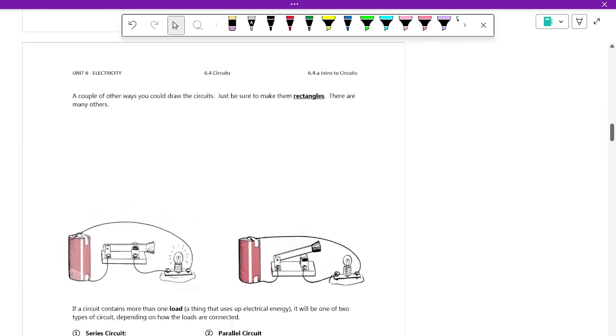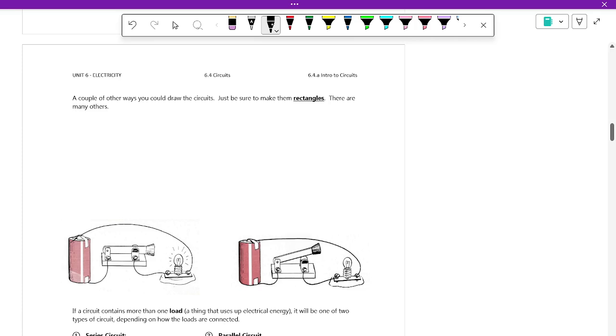A couple of other ways you could draw the circuits. You could even take your battery and say, instead of putting my battery like this, I could actually move my battery and put it sideways instead, if I wanted to. That's usually a little trickier though, right?